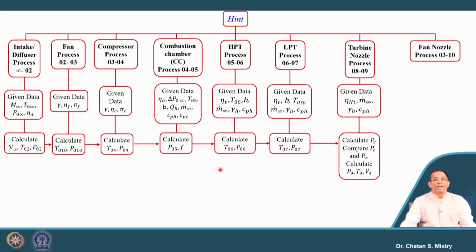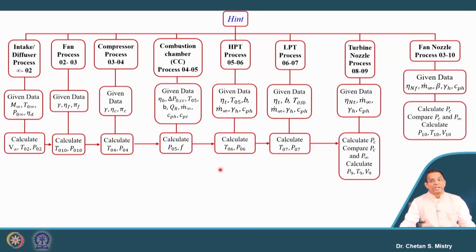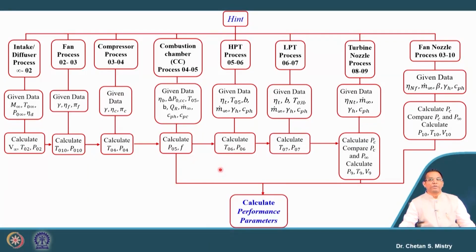Similarly, for the fan, we have the information about the efficiency of the fan nozzle. We have our bypass ratio, and we can calculate the critical pressure. Based on that, we will calculate the static pressure, static temperature, and the exit velocity from the fan nozzle. Once we have all these parameters, we will calculate the performance parameters.